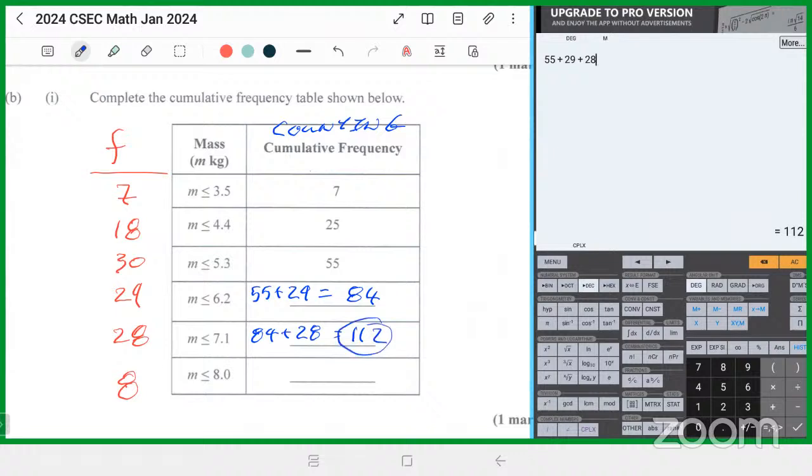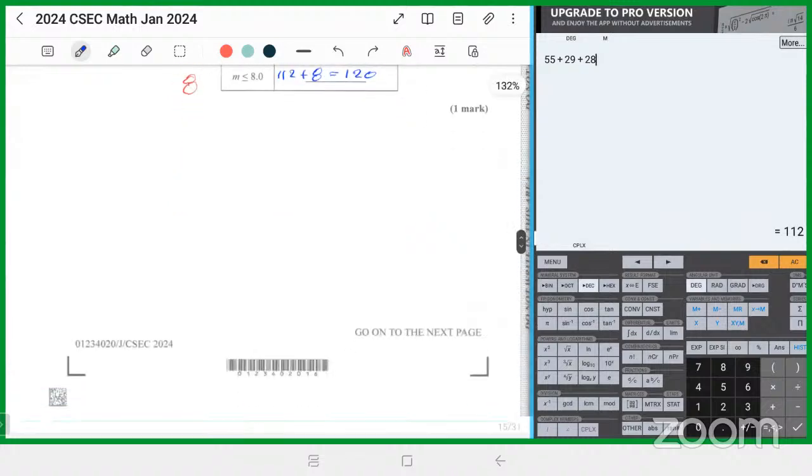And then it's 112 plus the last 8, and that becomes 120. So all 120 babies are less than that 8.